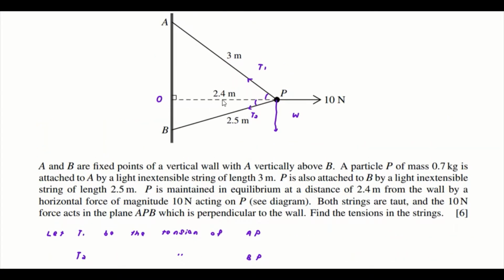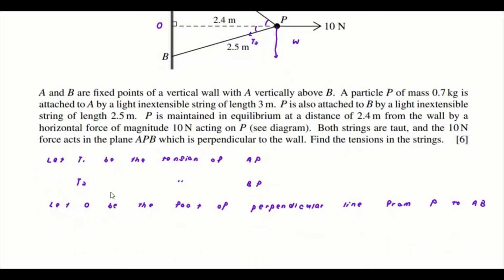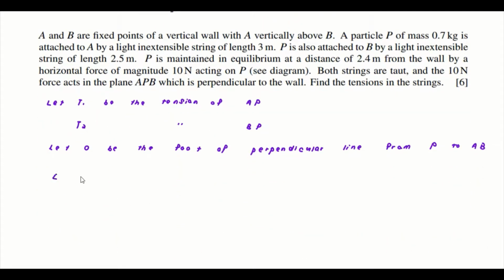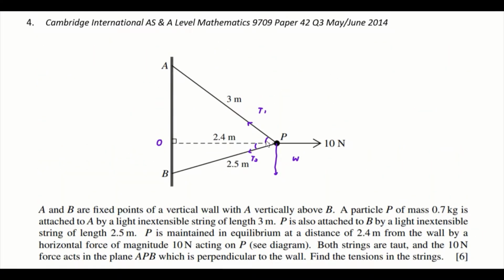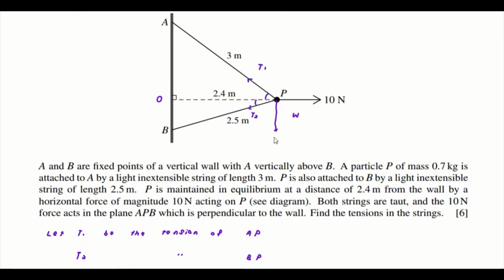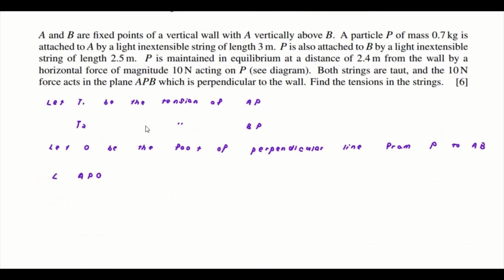Okay, so we can find the angle APO first. In this case, I have my adjacent and I have the hypotenuse here, so I can use cos. So cos of APO will be just equal to 2.4 over 3.